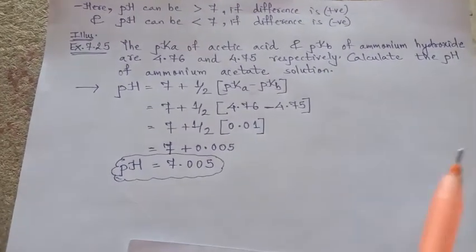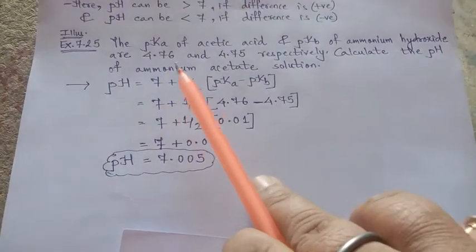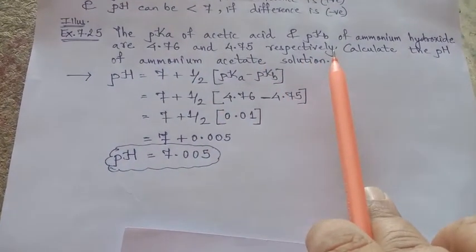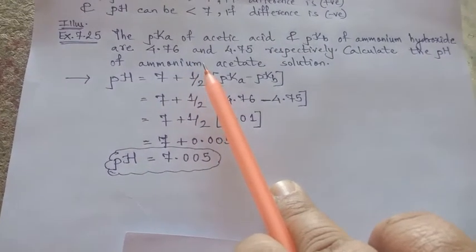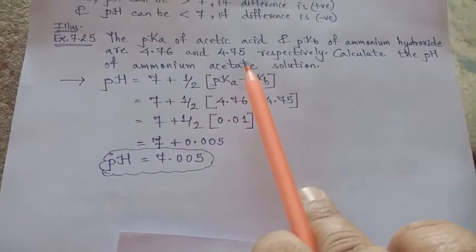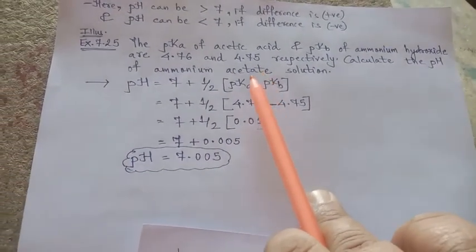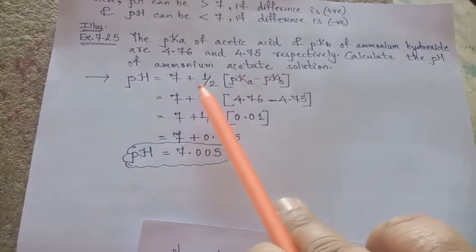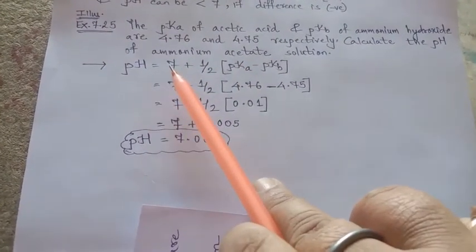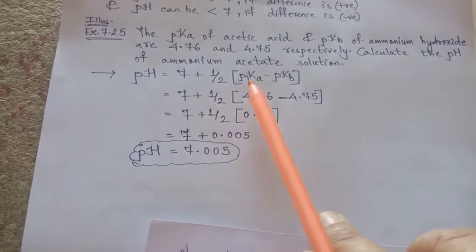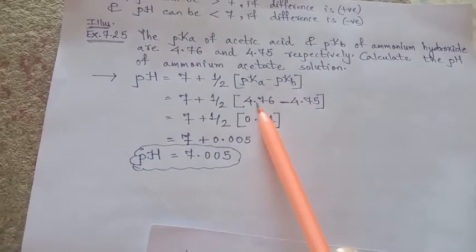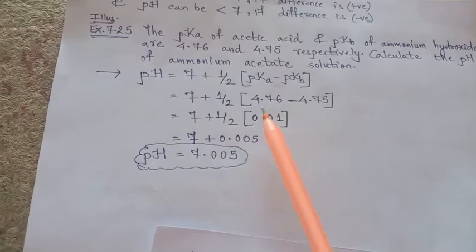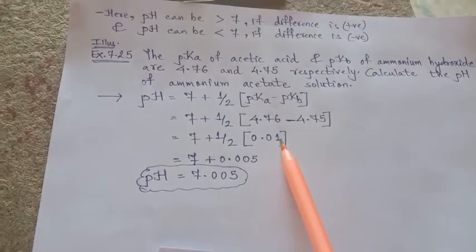And this is one of the numericals: the pKa of acetic acid and pKb of ammonium hydroxide are given as 4.76 and 4.75 respectively. Calculate the pH of ammonium acetate. The solution is: pH equals 7 plus half of pKa minus pKb, 4.76 minus 4.75, which is 0.01.